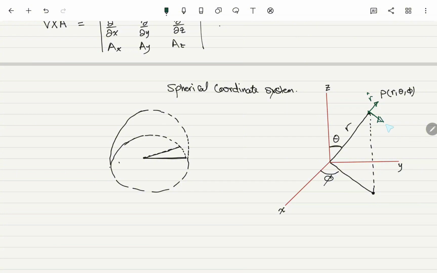And when you create a sphere, you first draw a disk and create an angle phi, so phi hat in this case will be this way. So this is phi hat and this is theta hat.